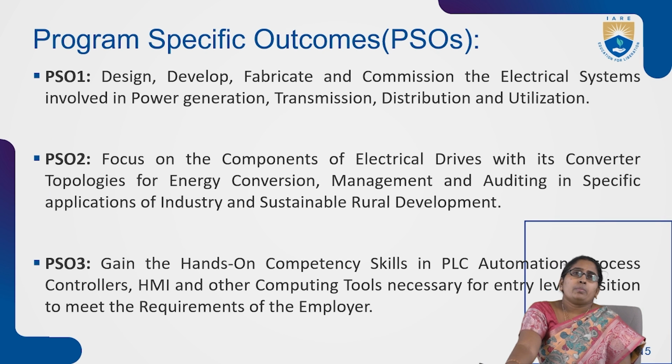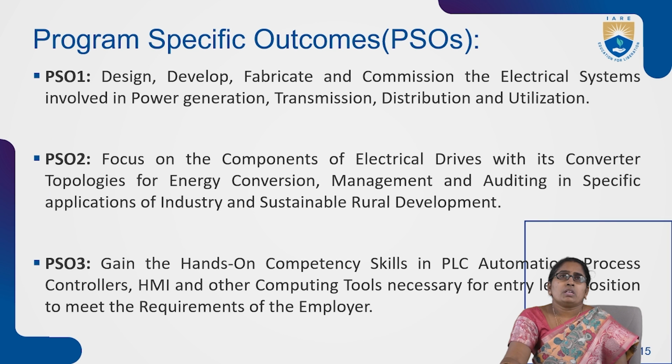First one, design, develop, fabricate, commission of the electrical systems involved in electrical power generation, transmission, distribution, and utilization. So all the electrical basic things are related, designing, developing all the parameters.